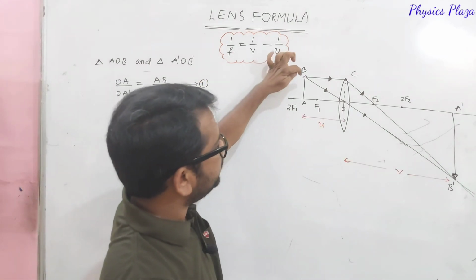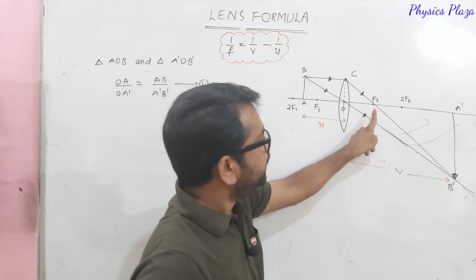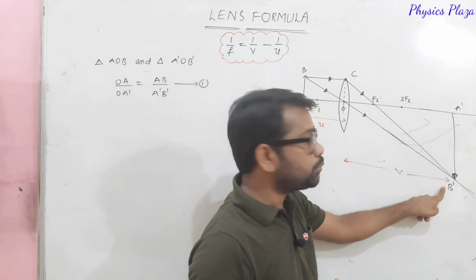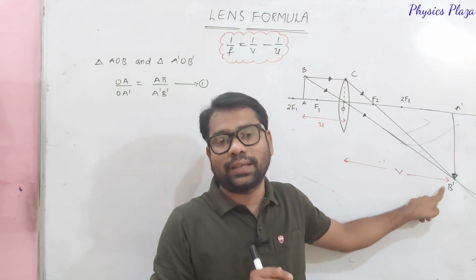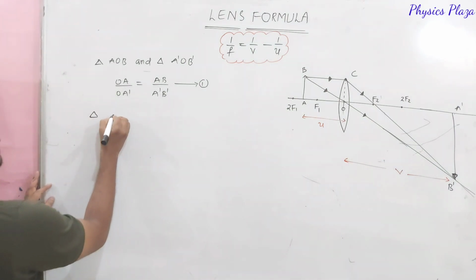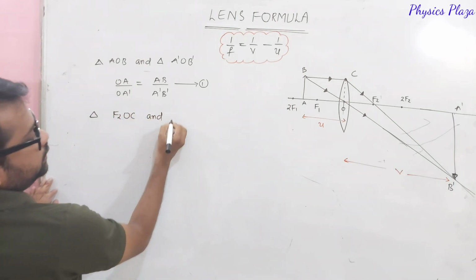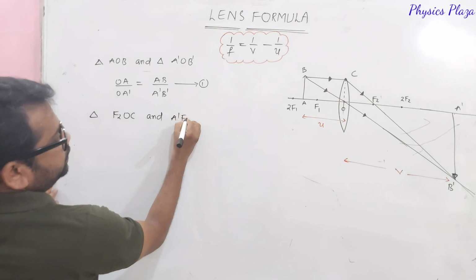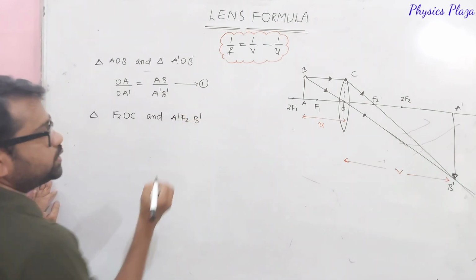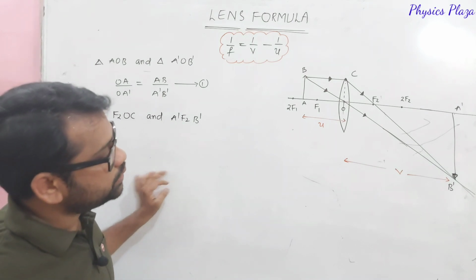Now, dear children, look here. OCF2 is one triangle, and F2A'B' is one more triangle, and these two are identical triangles. So here, triangle F2OC and A'F2B' are identical triangles. From the rules of similarity, children, what can we write?